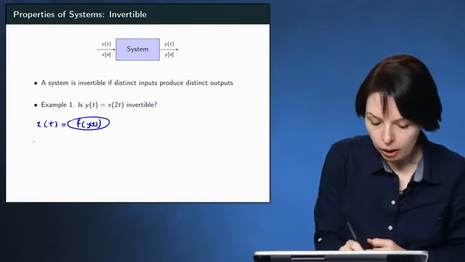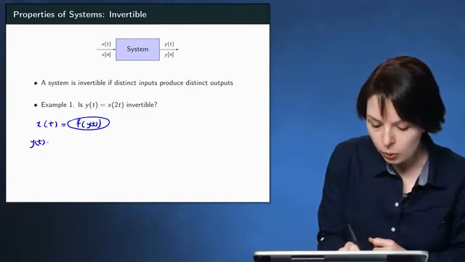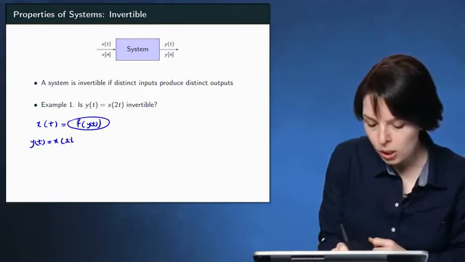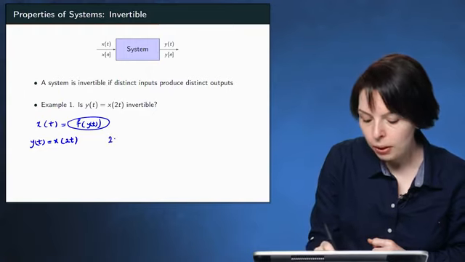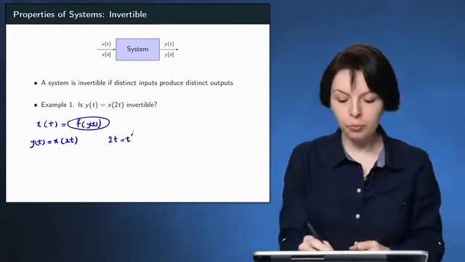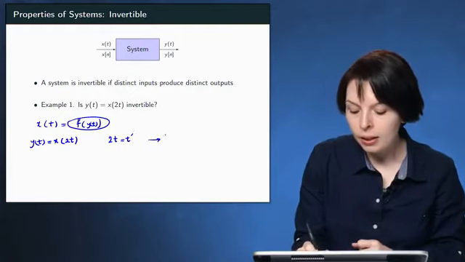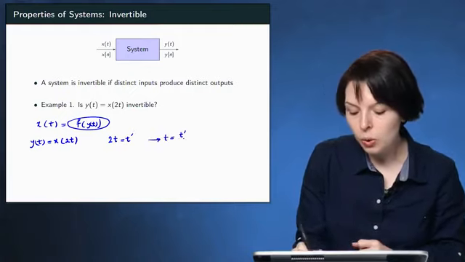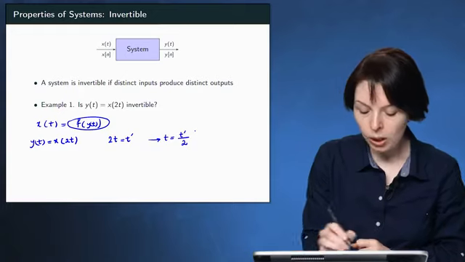Right. So I know that y of t equals x of 2t. Let's name 2t as t prime. Then t is going to be equal to t prime over 2.